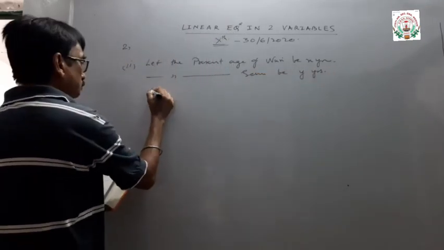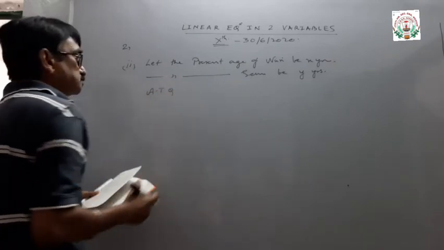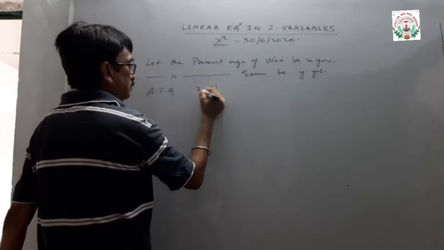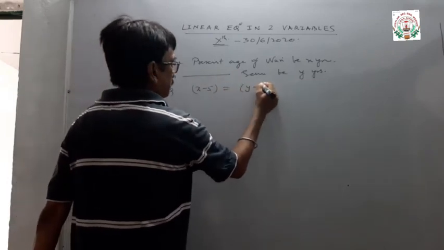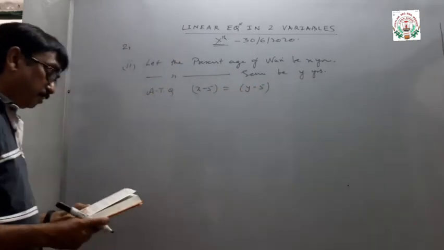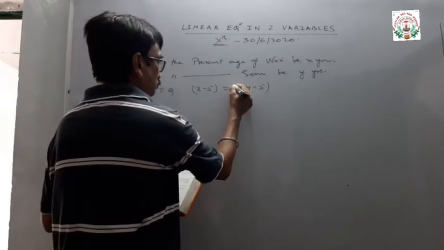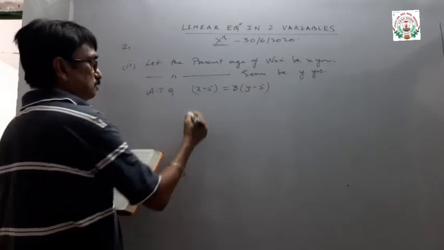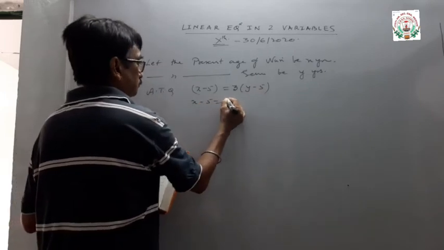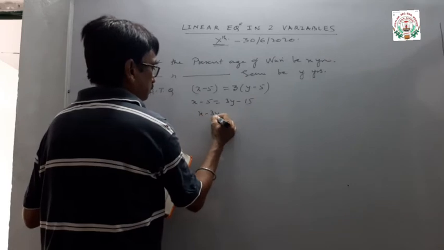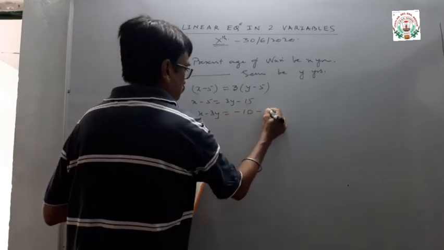Now according to the question, 5 years ago Nouri's age will become x minus 5 and Sonu's age will become y minus 5, and the condition is that it is thrice as old as Sonu. So we multiply with 3 here, x minus 5 equals 3 into y minus 5, 3y minus 15, x minus 3y equals minus 10 by transposing.